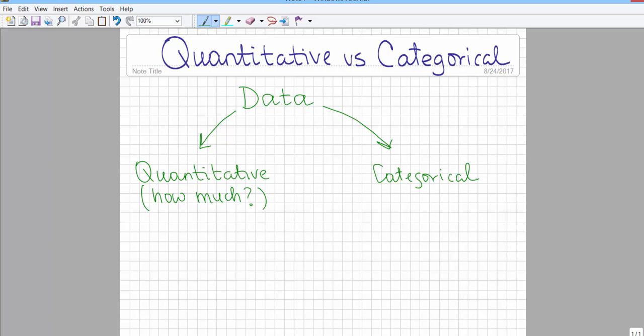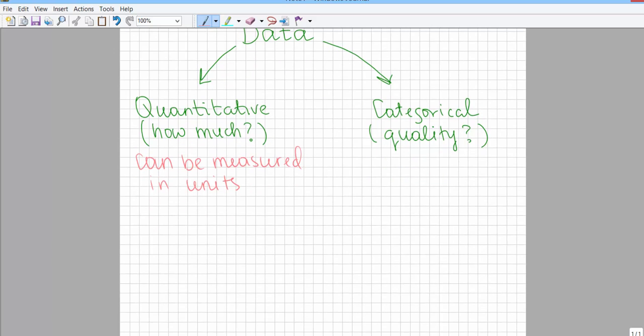You can't say how much, but what type of quality does this particular sample have? Okay, so quantitative and categorical. Quantitative can be measured in some sort of units. Okay, and I'll give you some examples here.